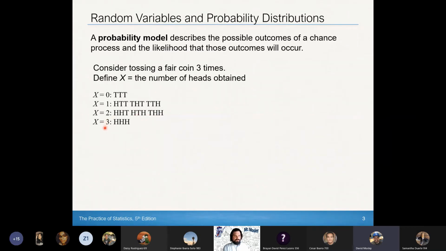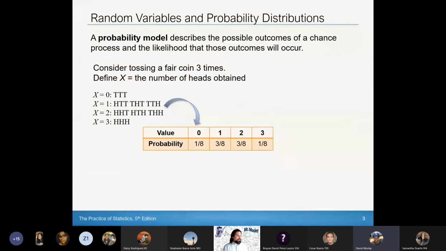And lastly, we could have 3 heads, in which case every flip is a head. Those are the only options. There's no more, no less. All right, I can't have a negative number of heads. I can't have any more than 3 because I'm only flipping the coin 3 times. So the variable X represents the different possible number of outcomes that are successes, so to say, right? Having a head is a success. We can think of it that way.